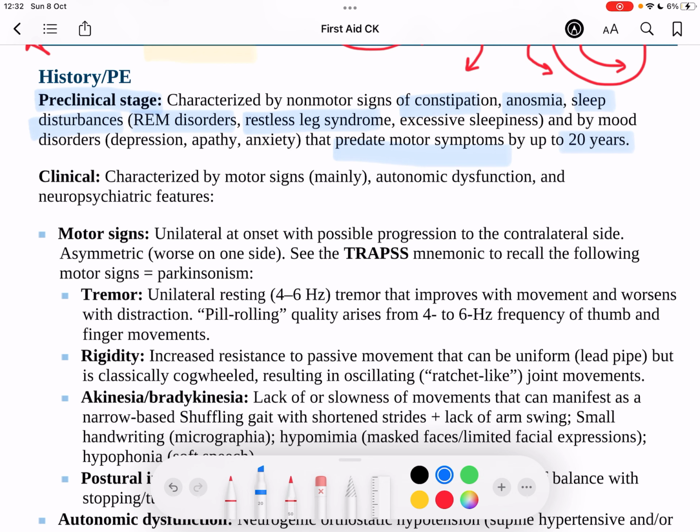So when we talk about the preclinical stage of Parkinson's disease, this is usually minor depression, maybe some anxiety, but more things like constipation and sleep issues. There is a distinction between preclinical Parkinson's and Lewy body dementia. And we'll talk about this more in the neurodegeneration module.